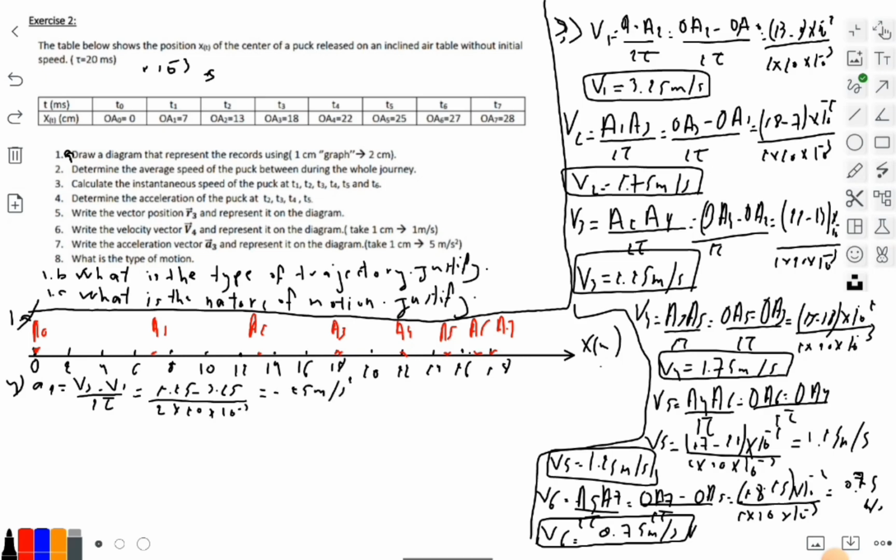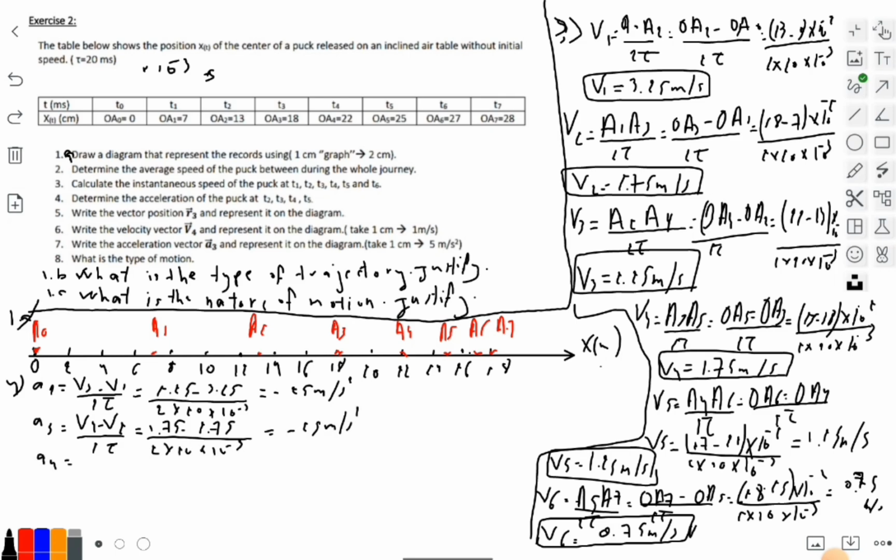square. A3 equals V4, the velocity just after 3, minus V2, the velocity just before 3, over 2 tau, equal to 1.75 minus 2.75 over 2 times 20 times 10 to the power minus 3, equal to minus 25 meter per second square.